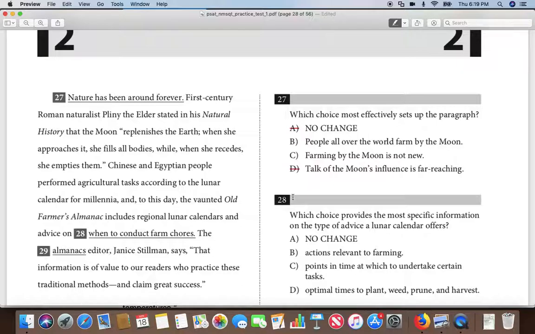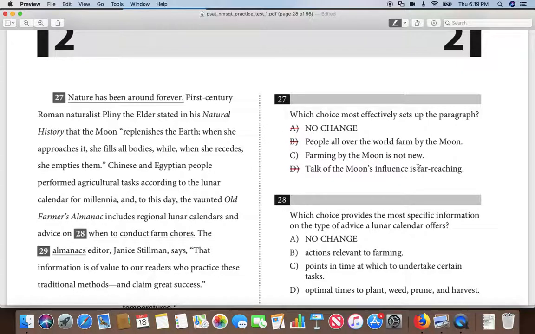It's present tense: people all over the world farm by the moon. If they gave us examples of people all over the world farming presently by the moon, we'd be fine. But it's people that used to farm by the moon, and maybe have continued to this day. But it's about people that, for thousands of years, farmed by the moon. Does that make sense why B's bad? Yes. Bad answer. Just so tempting.